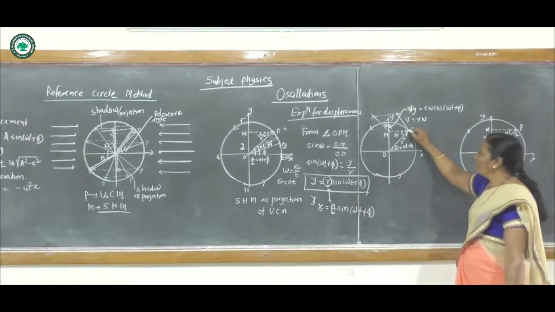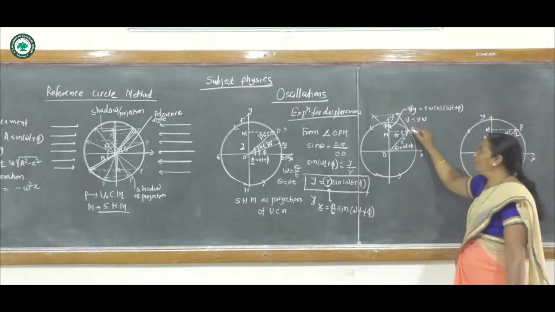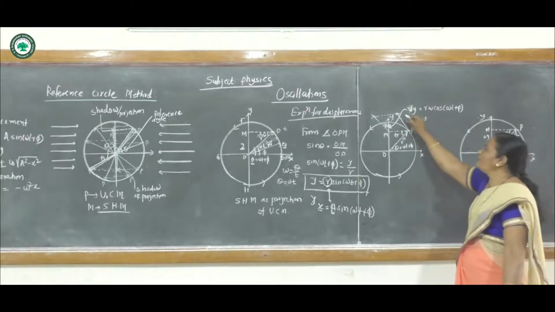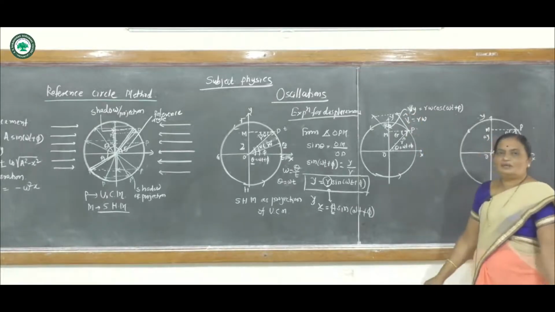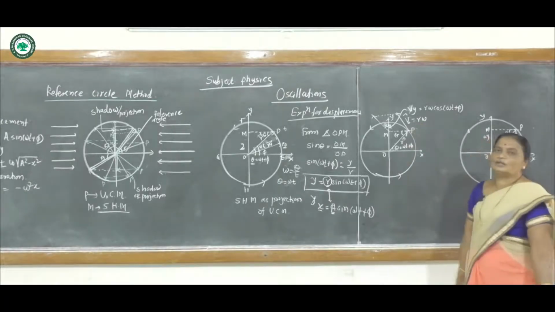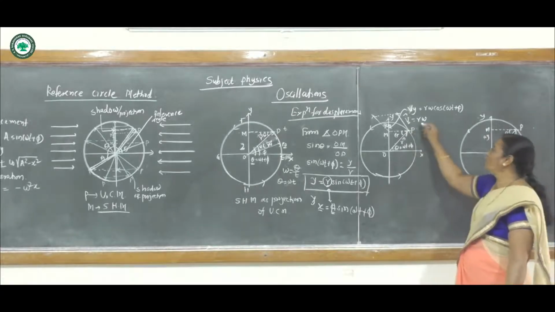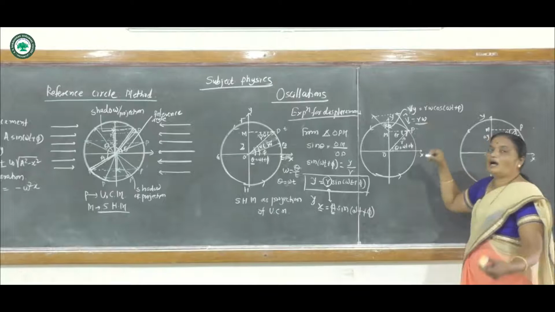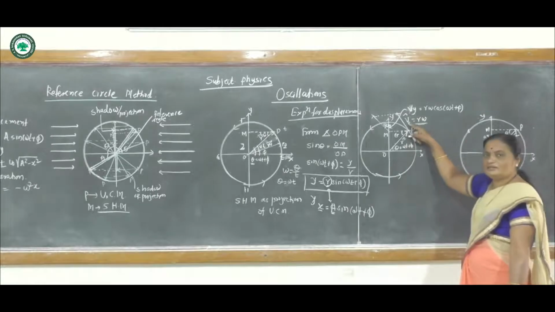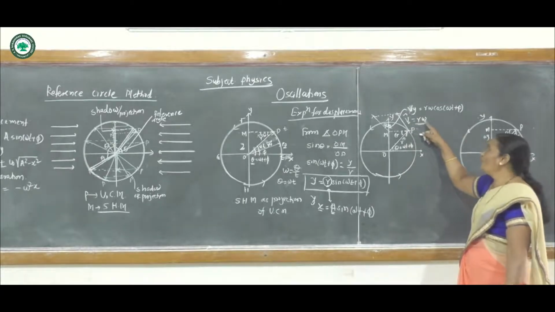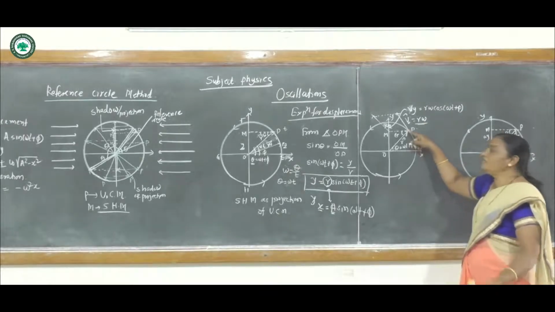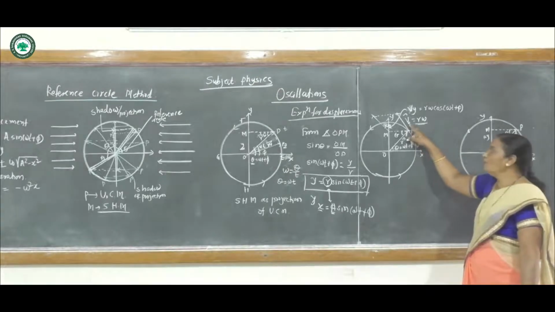Now suppose we draw the tangent. The tangent to the circle at any point represents the velocity, and the maximum velocity can be given by r omega, where v is velocity, r is radius, and omega is angular velocity.